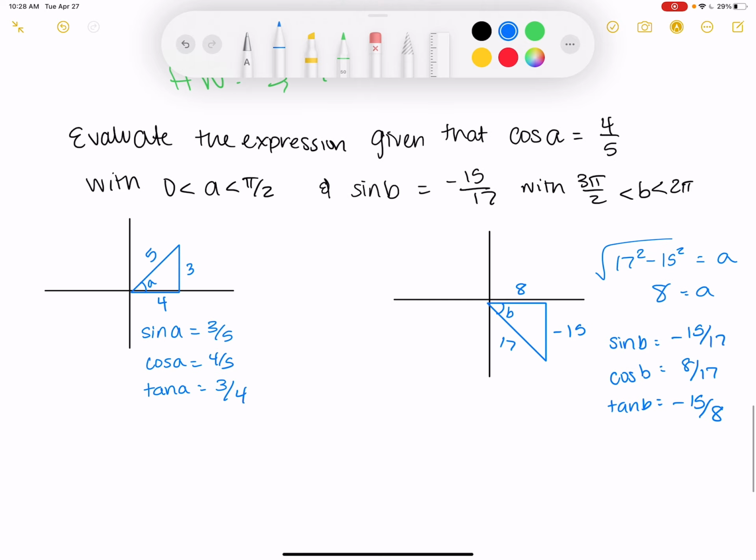Now I'm going to use these values when I go to do the problems. They're not off the unit circle. I'm using these that are given to me, which is easier to do. In general, when it gives you an angle, you're using values off the unit circle. These problems are giving you variables, and now you're using the variables to solve them.